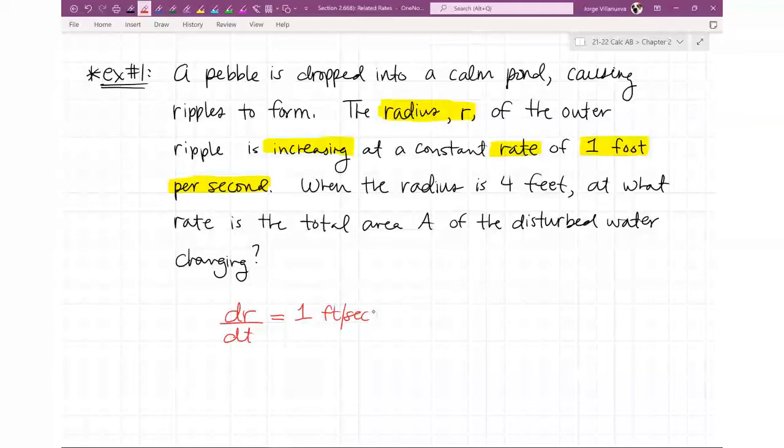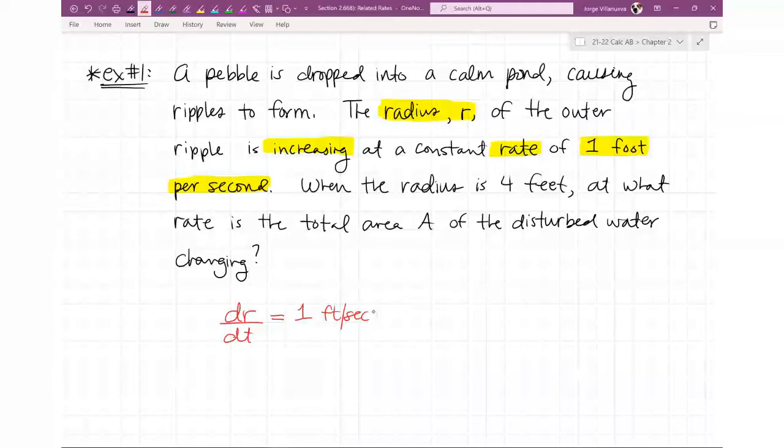Okay, so that second sentence gives me information about dr/dt. They said the radius is increasing at a rate, so dr/dt of 1 foot per second, so I just put equals 1. They say when the radius is 4 feet, at what rate is the total area A of the disturbed water changing?